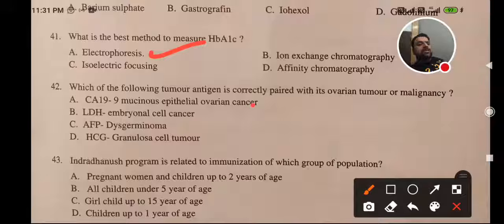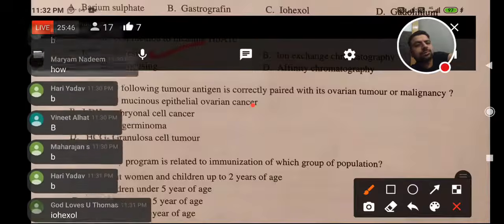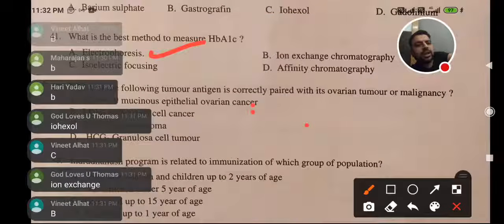HCG granulosa cell tumor, HCG is also associated with testicular cancer. So which one is not matched properly? Answer here is A, CA19-9 mucinous epithelial cell cancer.